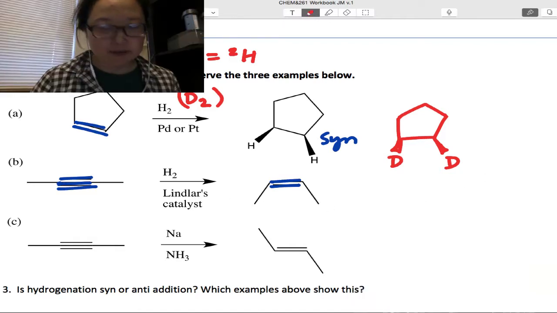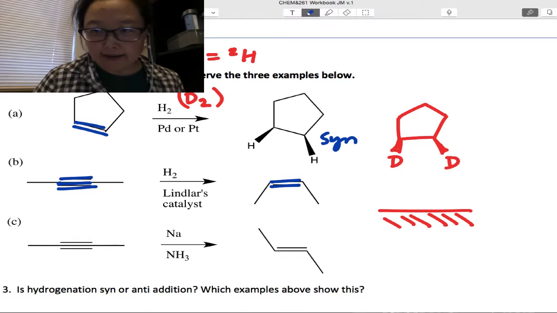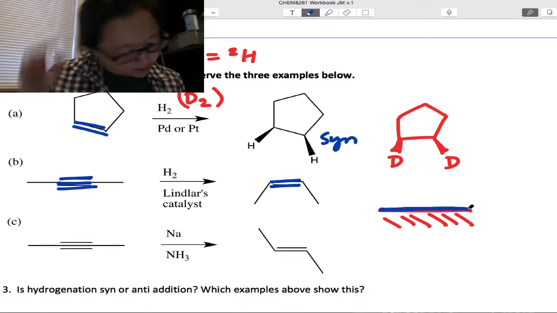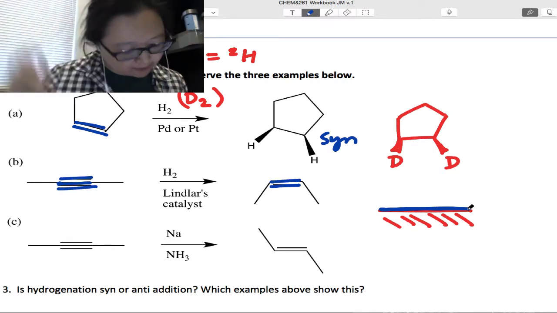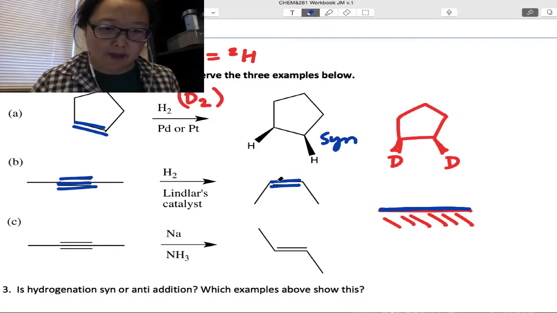So the way I picture this reaction is I've got my palladium or platinum surface, and then I've got a layer of lead or barium sulfate or something, quinoline, that usually reduces the reactivity of that metal. So that means that it's not able to go all the way down. It will stop it at the alkene. And now notice the stereochemistry.